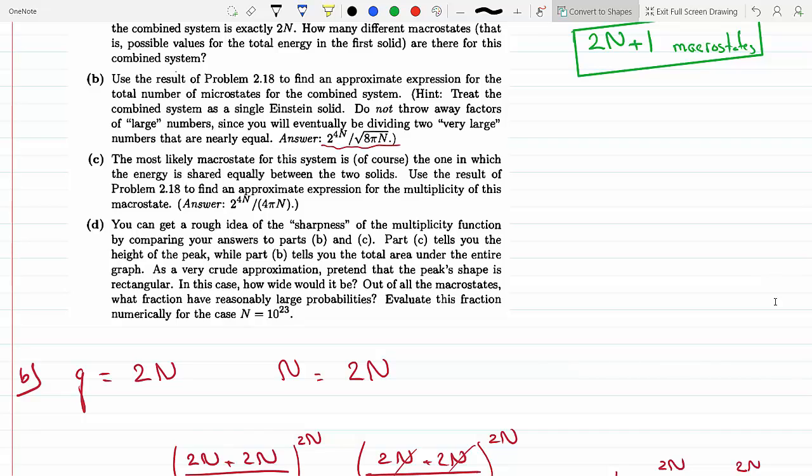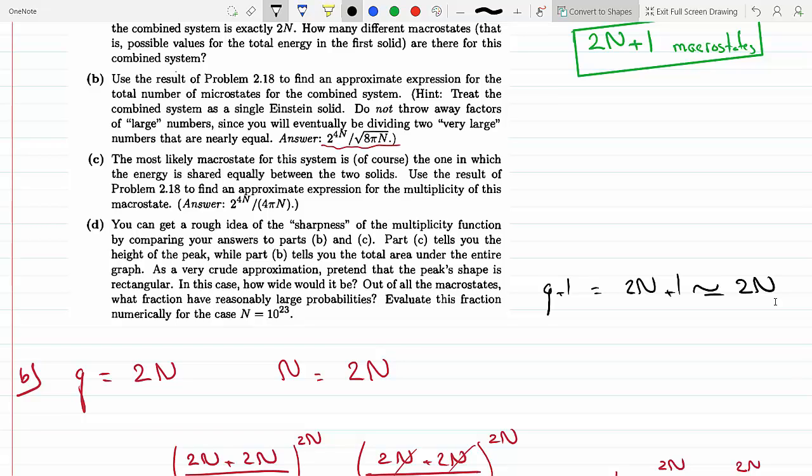so this is how wide it is, and then out of all the macrostates, how many macrostates do we have? It's q plus 1, right? That's all the macrostates, and q is 2n, so there's 2n plus 1 macrostates. We can approximate this to about 2n. We can ignore the one. So then he asks you, out of these macrostates, what fraction have reasonably large probabilities?